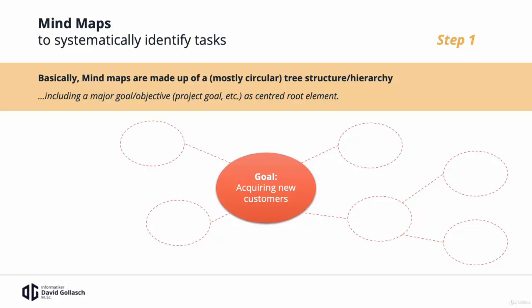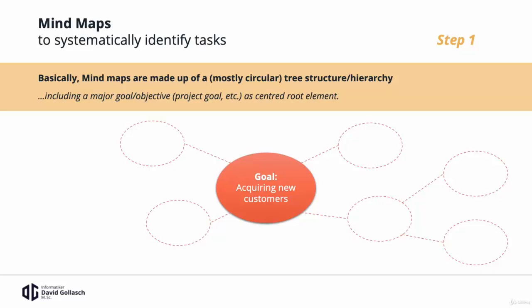Now, how to create and build up this mind map. In the first step, you need to take down the topmost goal or objective of your project, for example, into the center of your document where you want to create this mind map.